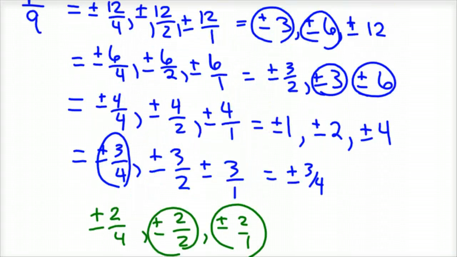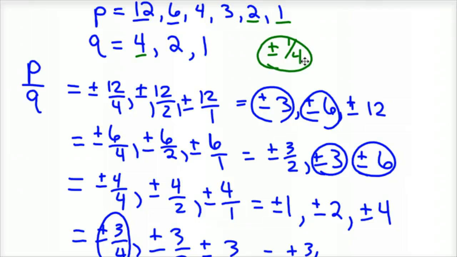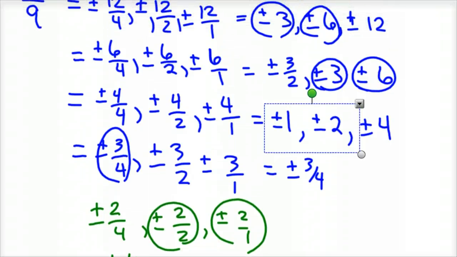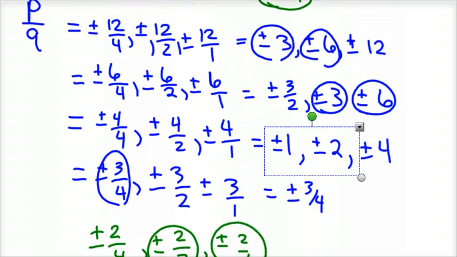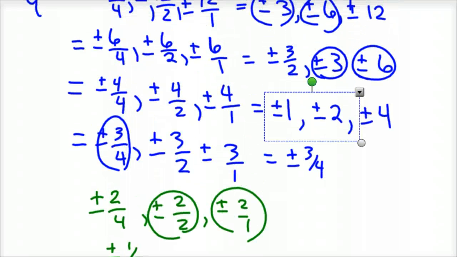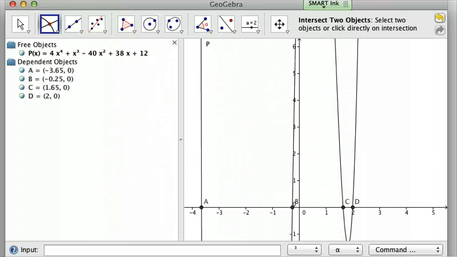So you look at our list, there's the 1/4 in green, and then plus or minus 2 right in that location. So those are located, but I'm not seeing 3.65 anywhere where we would have the potential to get negative 3.65. So I'm assuming those are irrational.